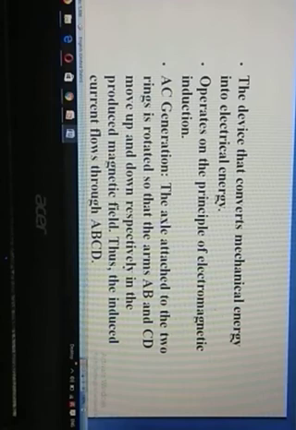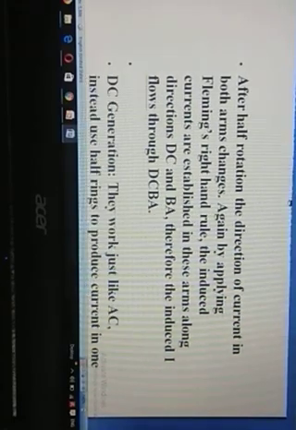Okay, so we are going through the detailed description of an electric generator. An electric generator is a device that converts mechanical energy into electrical energy, and it operates on the principle of electromagnetic induction. AC generator: the axle attached to the two rings rotates so that the arms AB and CD move up and down respectively in the magnetic field, as shown in the rectangular coil ABCD.